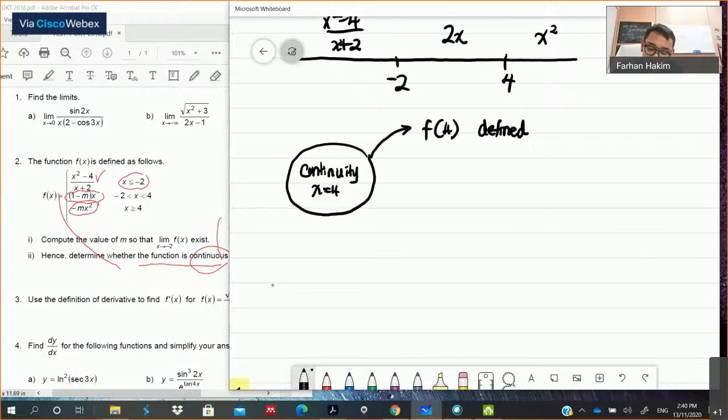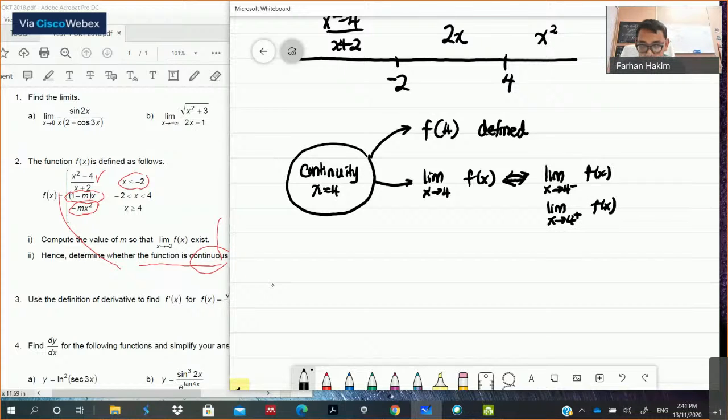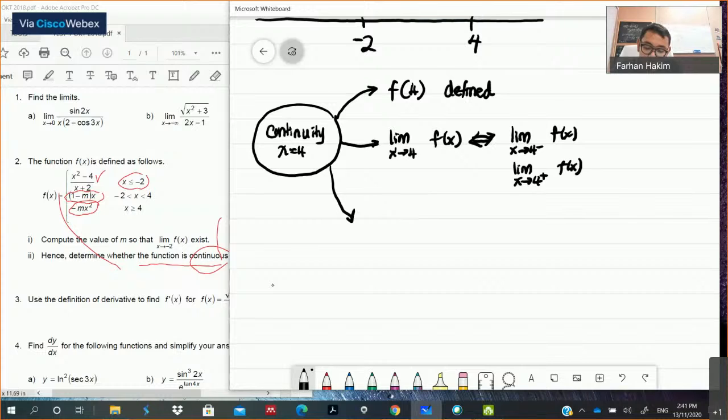If it is, we proceed to the second condition, where we find the limit as x approaching 4 of f(x), so we find the limit from the left and also from the right. Finally, we check if the limit as x approaching 4 of f(x) is equal to f(4). If these three conditions are satisfied, then we can conclude that the function is continuous at x equal to 4.